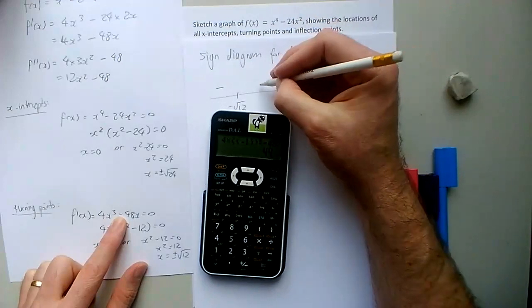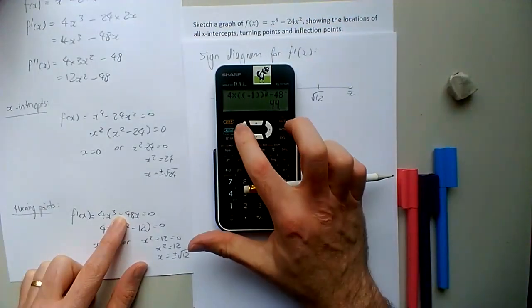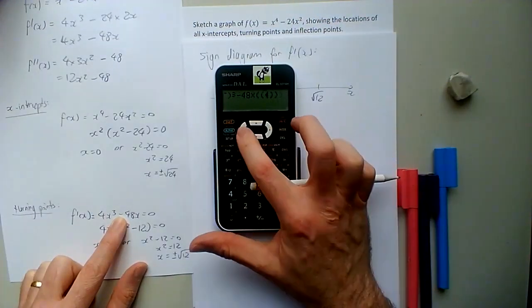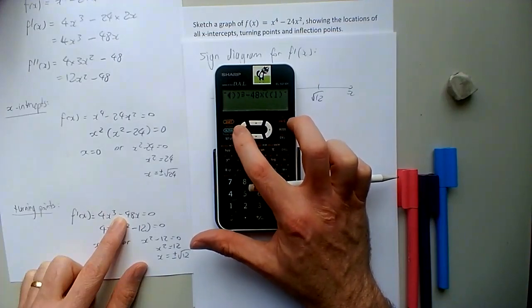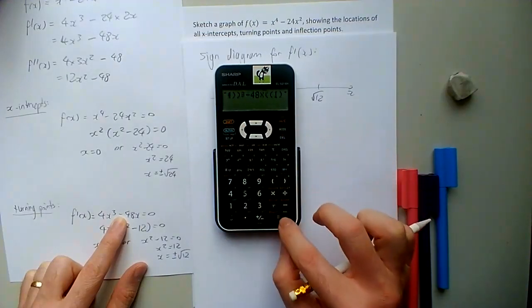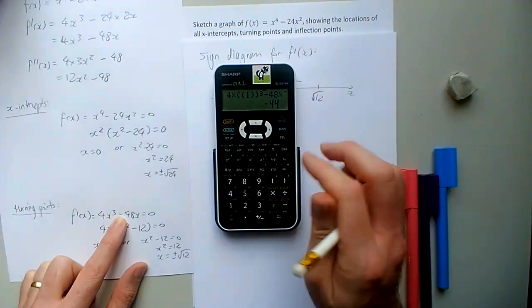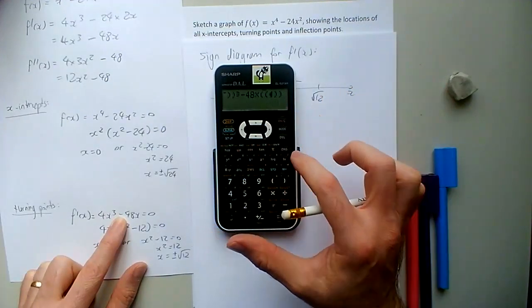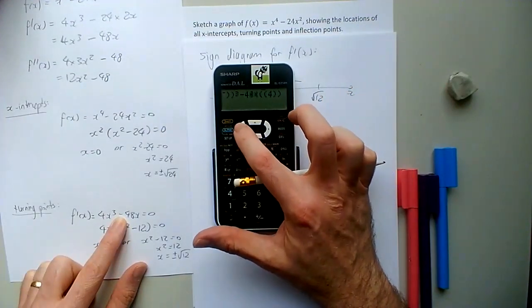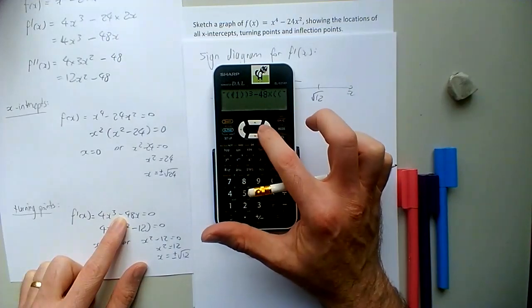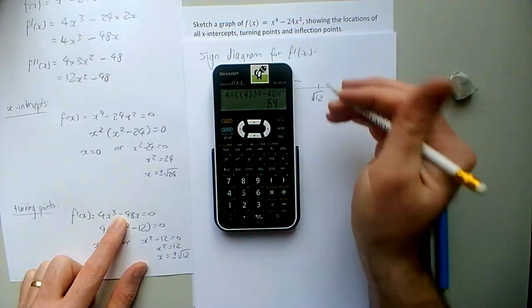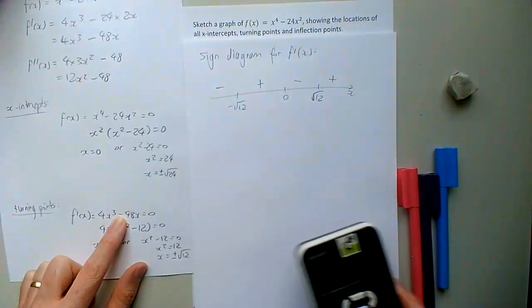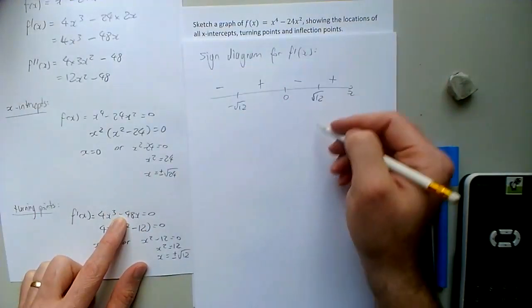Now it's positive, and then now plus 1. And now it's negative, and now let's try plus 4. And now it's positive. Okay, so it's going down, up, down, up.